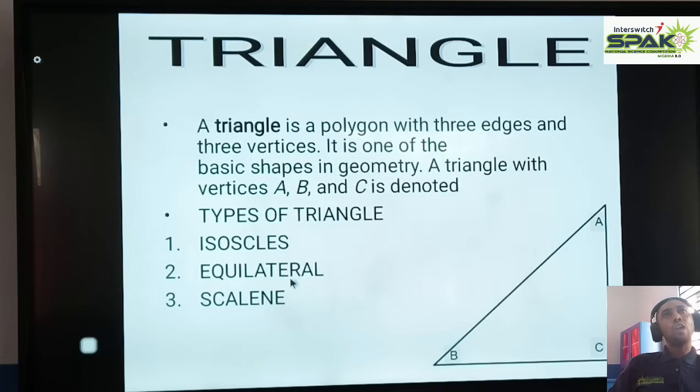That is equilateral triangle. And the third one is a scalene triangle. A scalene triangle is a triangle where there is no equal side. So a scalene triangle has 3 different sides. So no side is equal. So when you see this triangle, you should be able to identify them.